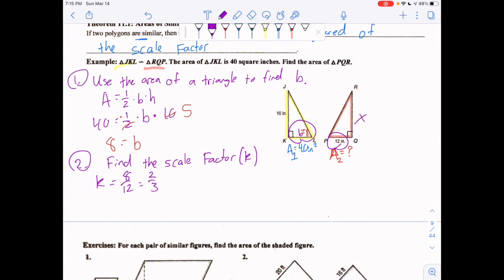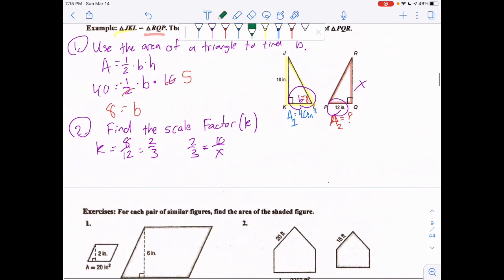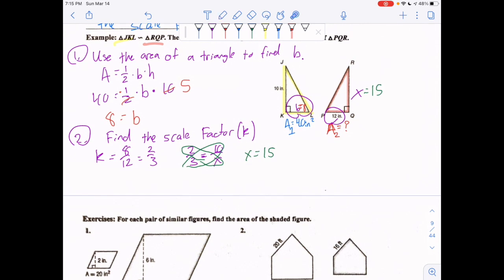Let's call it x. Right, so 2 to 3 is the scale factor. This is top, this is bottom. So I'm going to do 2 over 3 equals 10 over x. Do your whole little cross multiply. And x would be 15. Okay, so you can kind of check that work out. So x equals 15.